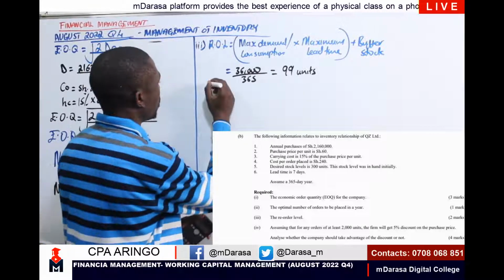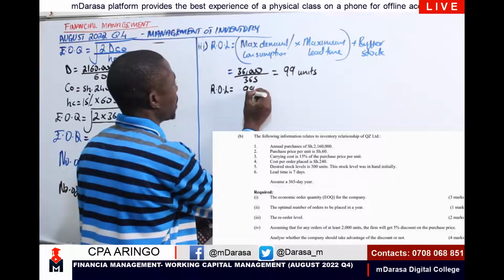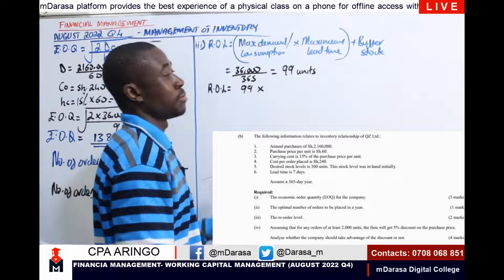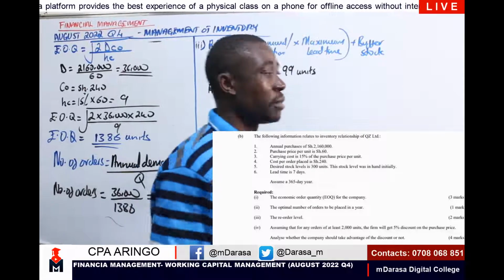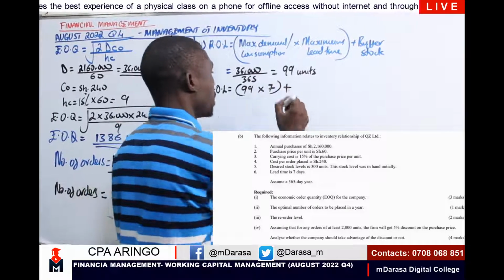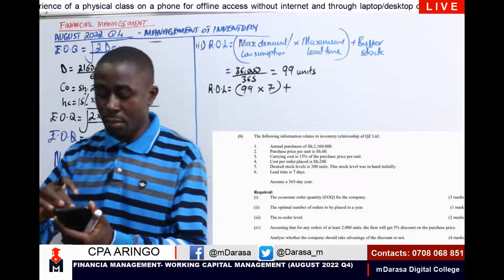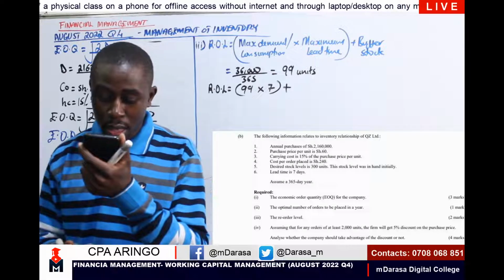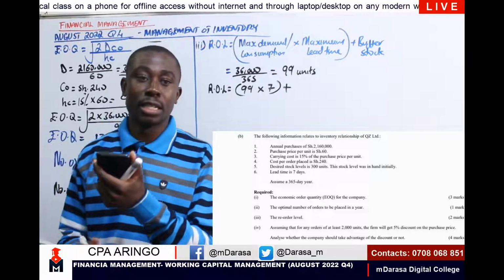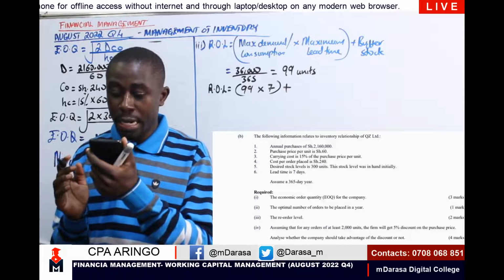So my reorder level, very confidently, I can say I'm having 99, we multiply by maximum lead time. Maximum lead time in that note I was given how many days? 7 days. I want us to be very keen with this other note where we are told that there are some units that you had in store. That desired stock level is 300 units, right? This stock level was in hand initially.